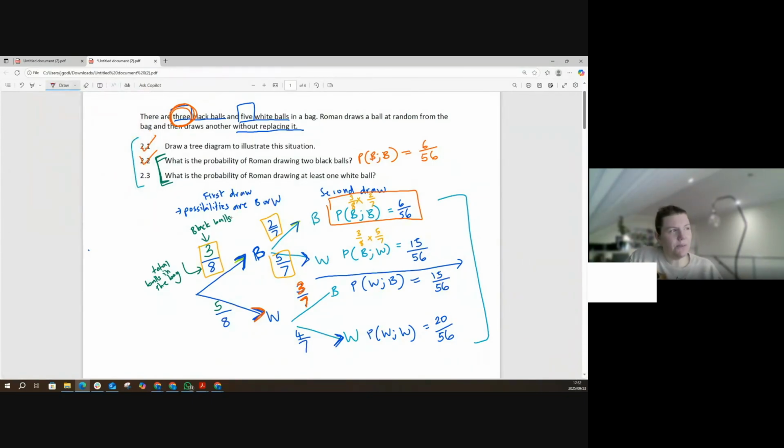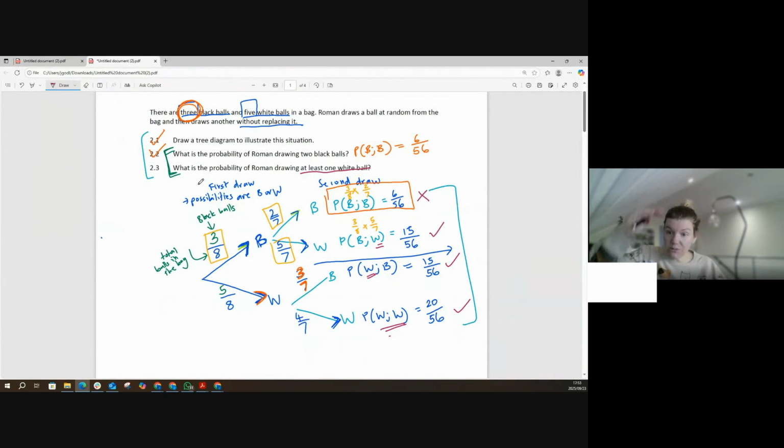2.3. What is the probability of Roman drawing at least 1 white ball? So then we have to look at our options. We can't include this one because there's 2 black balls, so there isn't at least 1. We can include that one because there is 1. We can include that one because there is 1. And we can include this one because there is more than 1. When we have to add multiple probabilities at the end of our tree, we just sum them up.